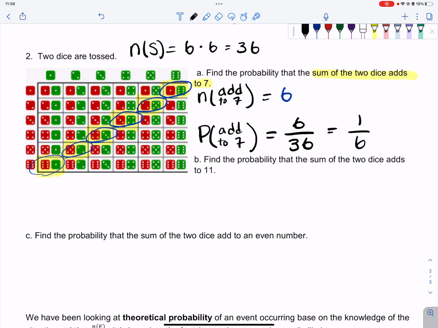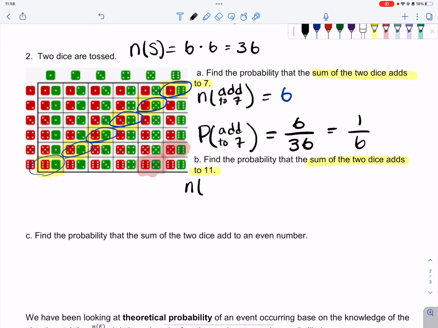Next, we want to find the probability that the sum of the 2 dice add to 11. And that's a higher number, so there's not as many of those that add to 11. We have 6 and 5, and 5 and 6.